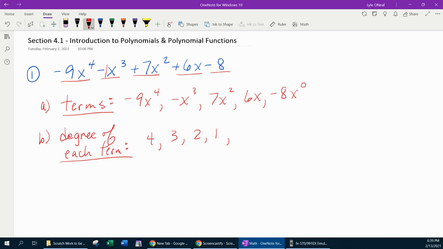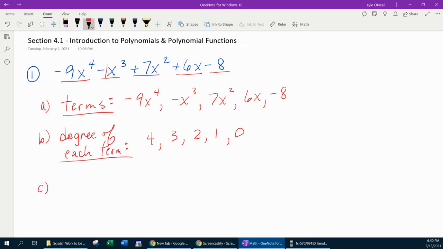The reason is that anything to the 0 power is understood to be 1. And 1 times negative 8 would leave negative 8. So that's going to be a degree of 0 because that has an understood x to the 0 power.